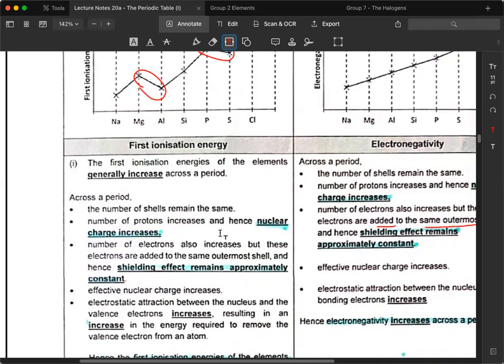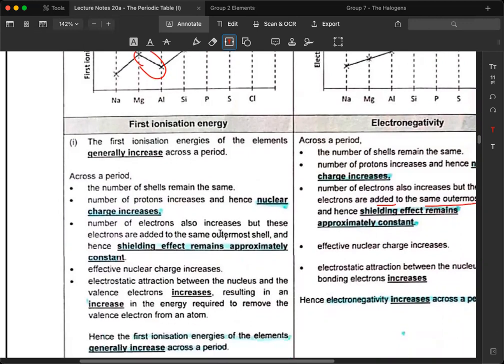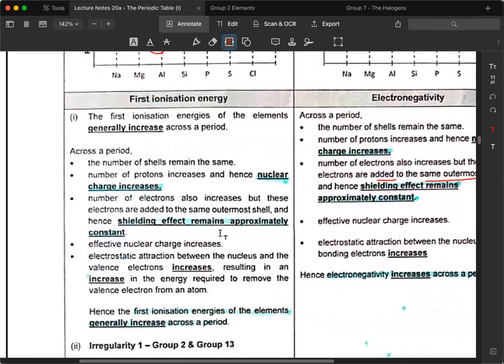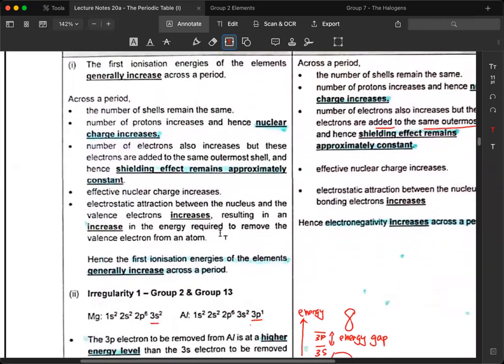The number of electrons may increase, but the electrons are added to the same outermost shell, so the shielding effect by the inner electrons remains almost constant. This results in an increase of effective nuclear charge. Hence, the electrostatic attraction between the nucleus and the valence electron increases, resulting in an increase in the amount of energy to remove the valence electron from the atom.